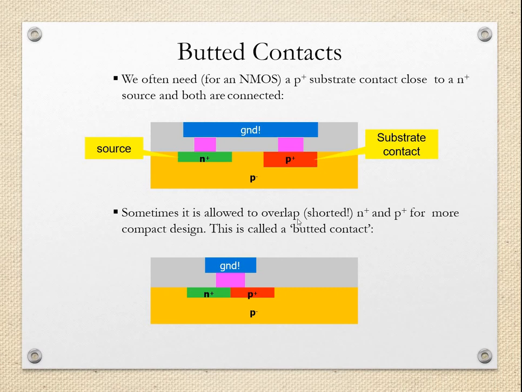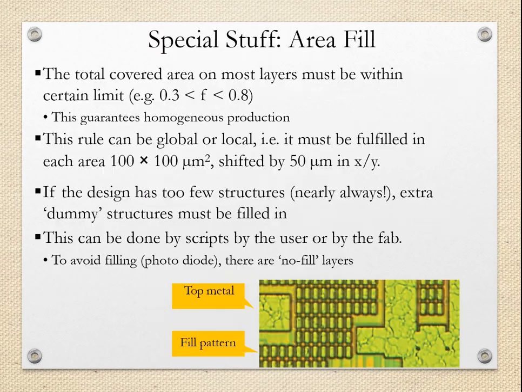Sometimes it is allowed to overlap N plus and P plus for a more compact design, and this is called a butted contact, in which you can see that N plus and P plus are shorted or just near to each other, and then the same contact is overlapped on both. So this is also allowed. That is called a butted contact.